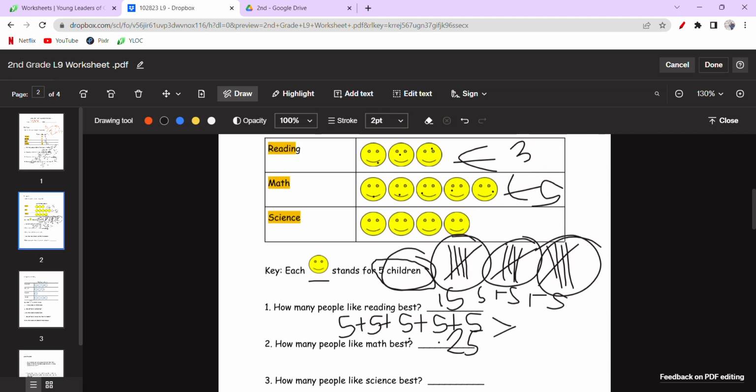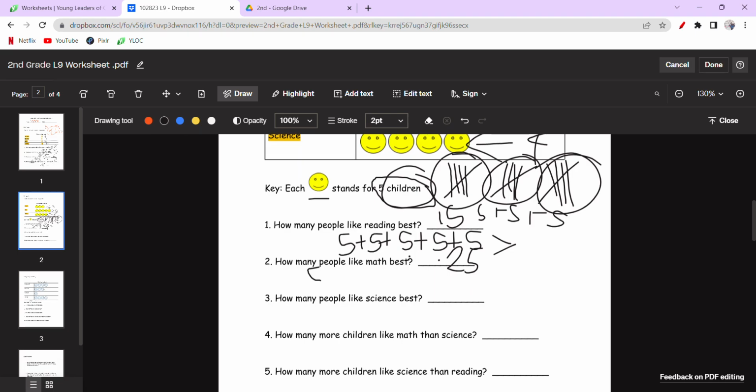How many people like science best? Science, there are 4. So you will add 5 four times, right? 5 plus 5 is 10. 10 plus 5 is 15. And then 15 plus 5 will equal 20.